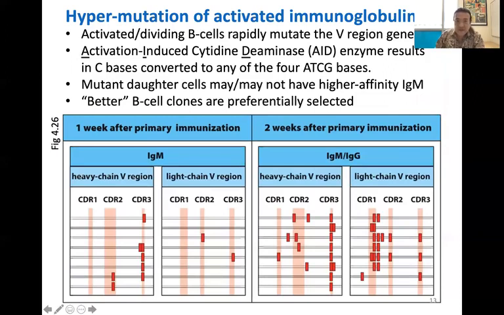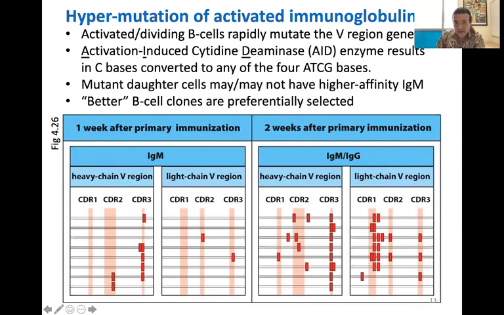So the way it works is that your B cells express an enzyme that goes around and randomly deaminates or modifies cytidine residues in your DNA.